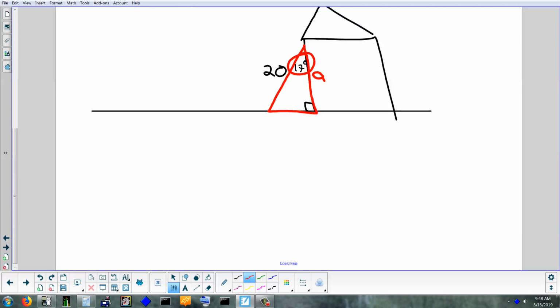Okay. Here's your angle. Here's a side. Here's a side. Okay. 20 is the hypotenuse, so they already said that. What about A? Is that opposite or adjacent? Adjacent. It's right next to it. Which trig function has those two sides in it? Cosine.